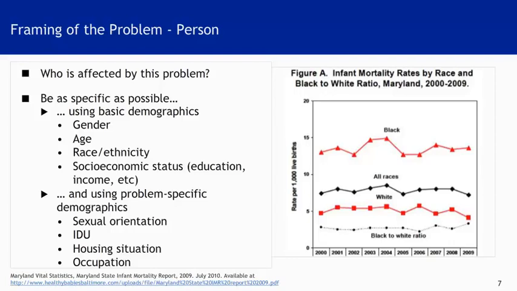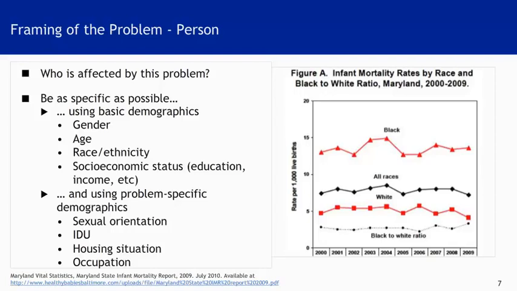Notice that all races, depicted here in the black line with diamonds, this line gives us the overall infant mortality rate for all races. When we separate out Black individuals, we see that infant mortality rate is much higher as depicted in the red triangles and red bar.